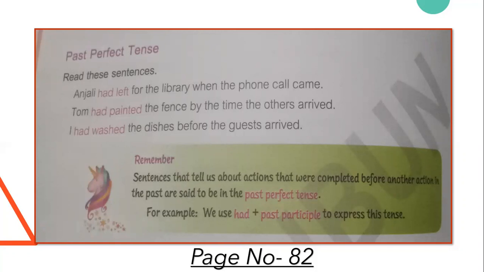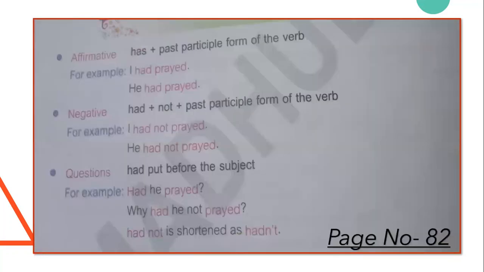These are the sentences that tell us actions that were completed before another action in the past are said to be past perfect tense. And to make these past perfect tense, we use had plus the past participle. In the affirmative, we say had plus past participle, like I had prayed or he had prayed.